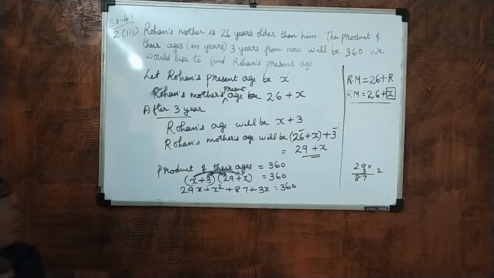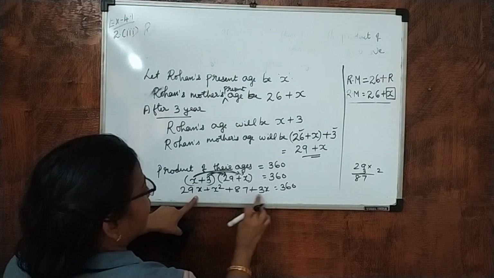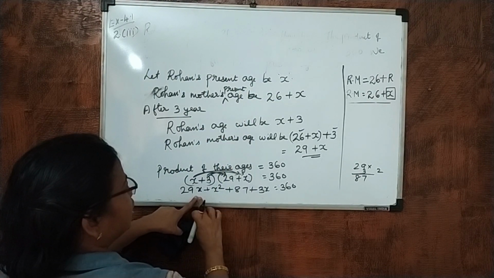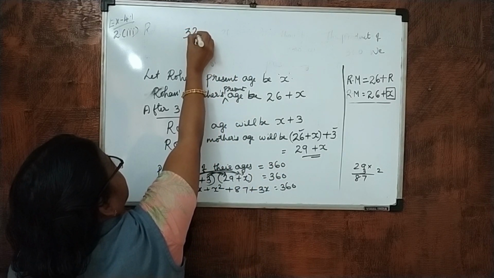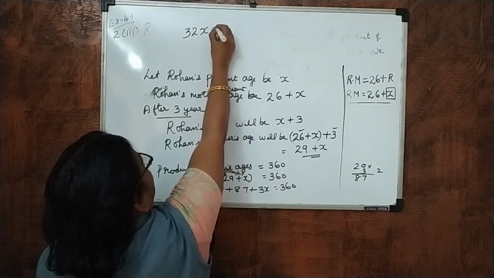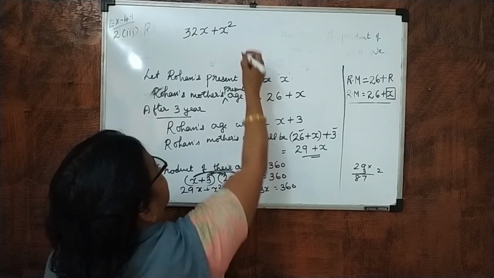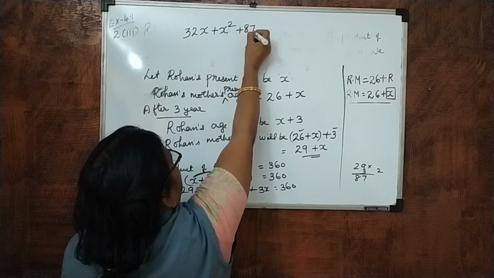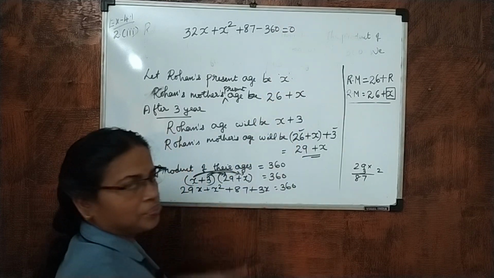So 29x plus 3x is 32x, then plus x square, then plus 87 minus 360 equal to 0.